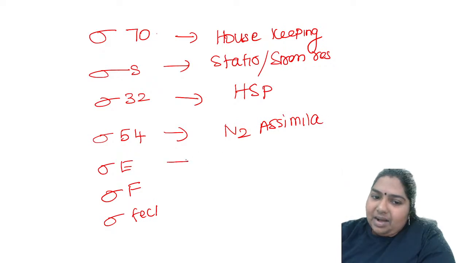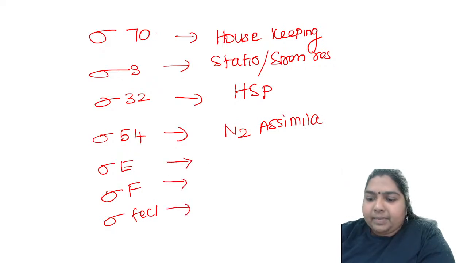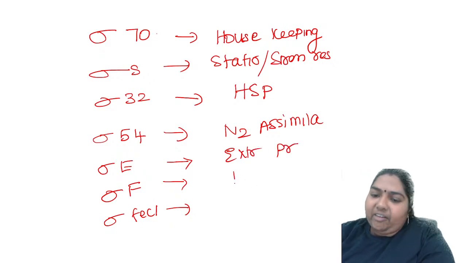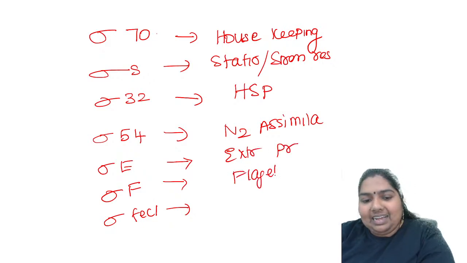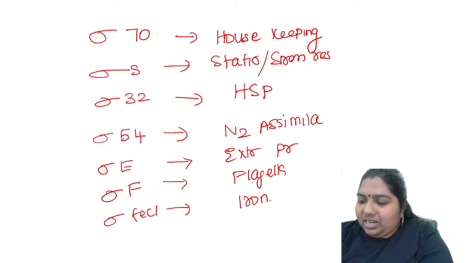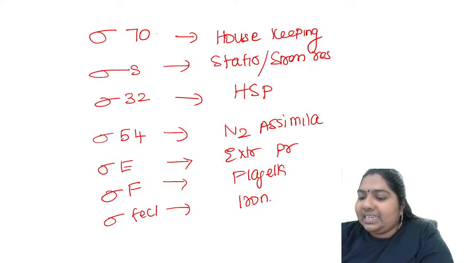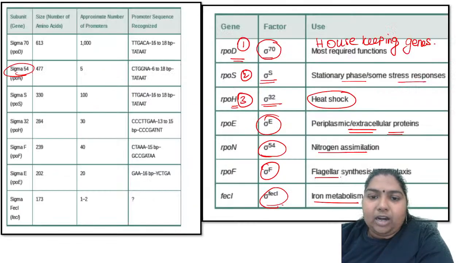Sigma E is for extracellular proteins. F is for flagella. FecI is for iron transport. Got it everyone? So you have an overall idea of the various kinds of sigma factors. Is it all clear now? So no more doubts on the sigma factors.